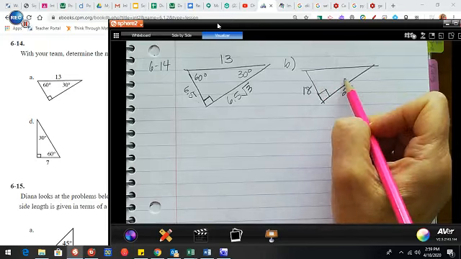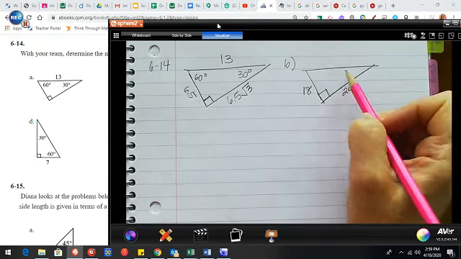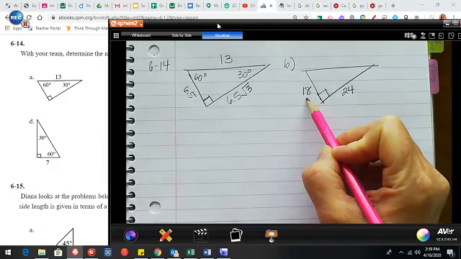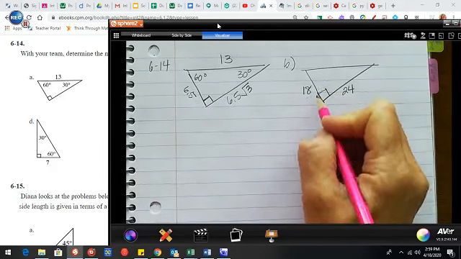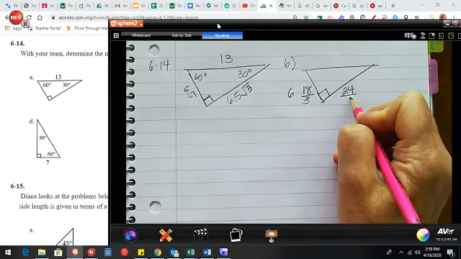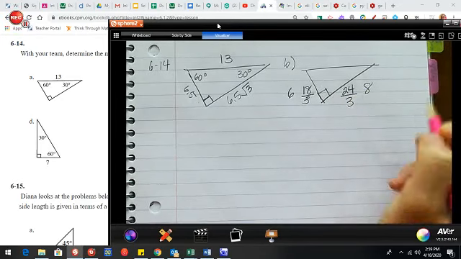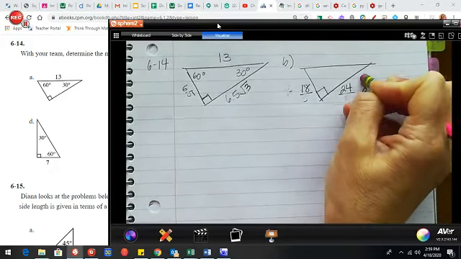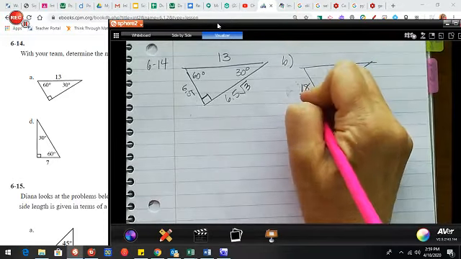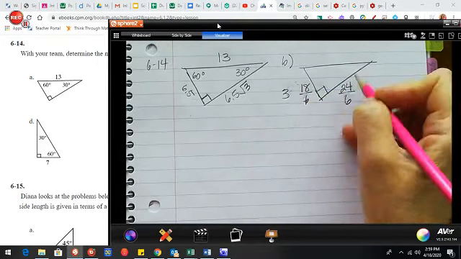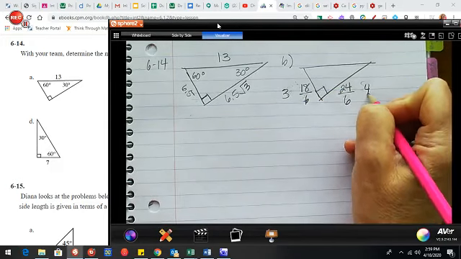If it's not telling me it's 30, 60, 90, or 45, 45, 90. So what are both of these numbers divisible by? They're divisible by 3. 18 divided by 3 is 6. 24 divided by 3 is 8. Oh, wait, there's a bigger common factor. They're both divisible by 6. So let's do that. 18 divided by 6 is 3. 24 divided by 6 is 4.